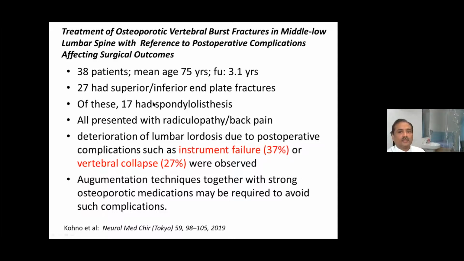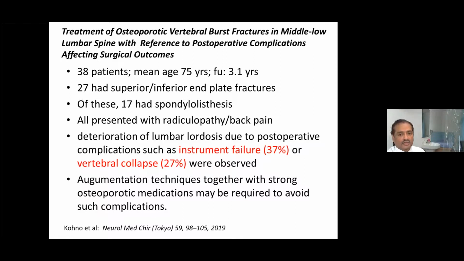In a study of around 38 patients, Kohana et al. found an instrumentation failure of 37% and a vertebral collapse of 27% at a follow-up of 3 months. All these patients with lumbar fractures presented with radiculopathy.